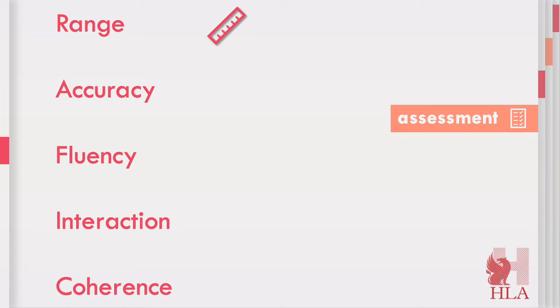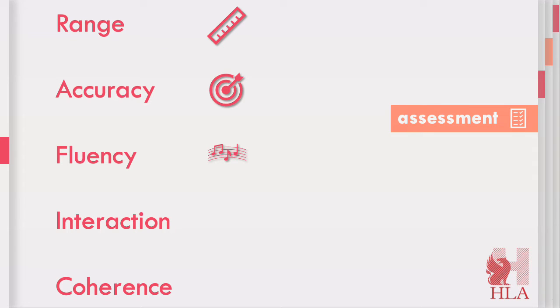It's about using the right vocabulary, the right grammar at the right time. In terms of accuracy, it's how well are you using that vocabulary and grammar. You may well know the present perfect tense, but if you don't form it correctly in speech, that will be a point against you in accuracy.